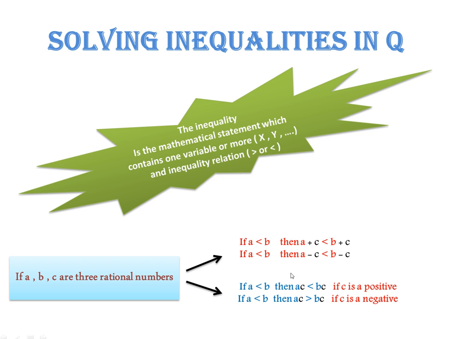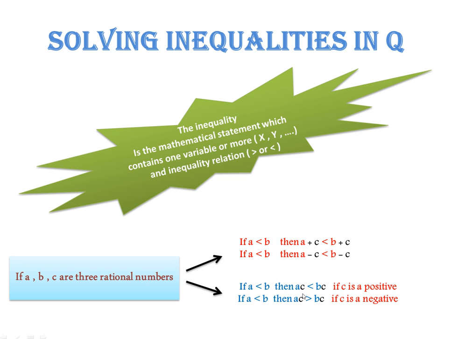In another way, if we have a less than b and we multiply both terms by c, and c is a positive rational number, then a times c is less than b times c.